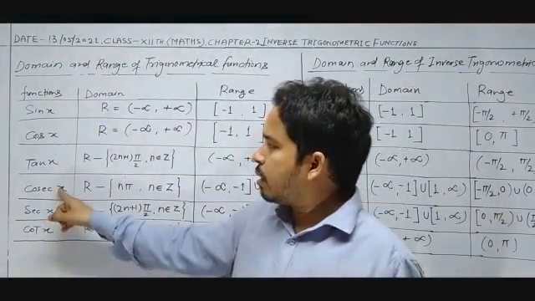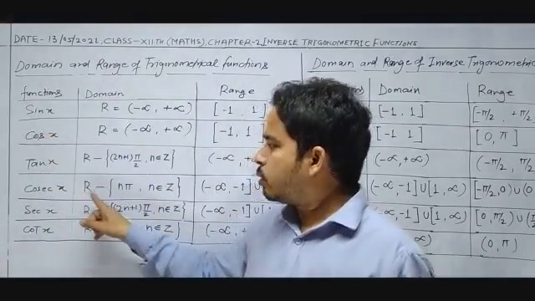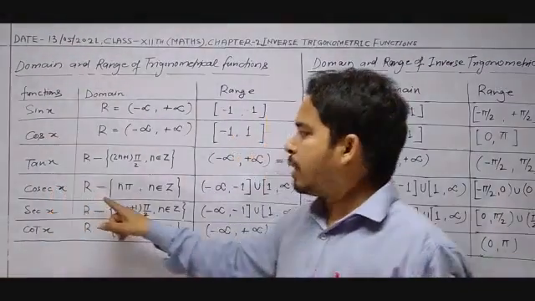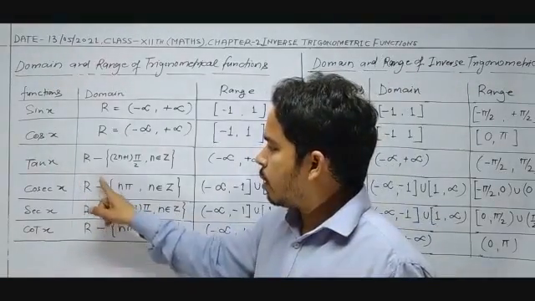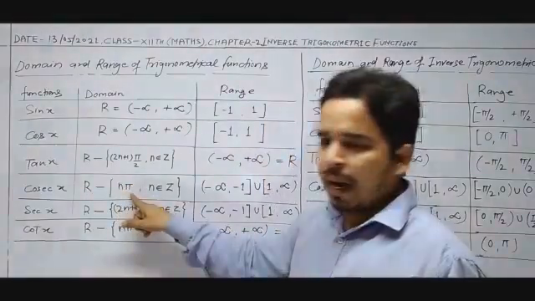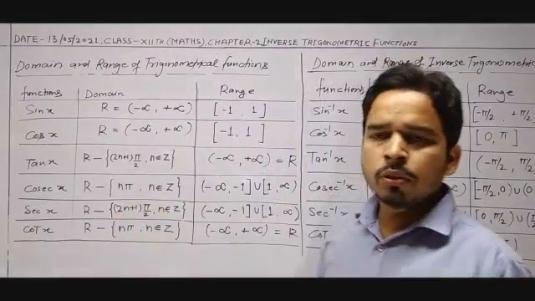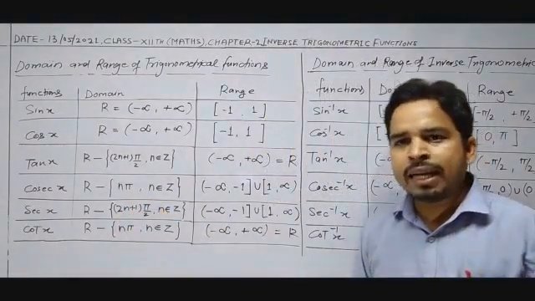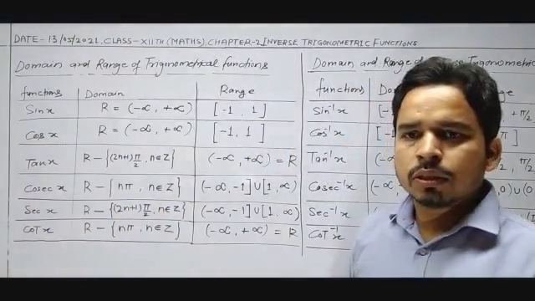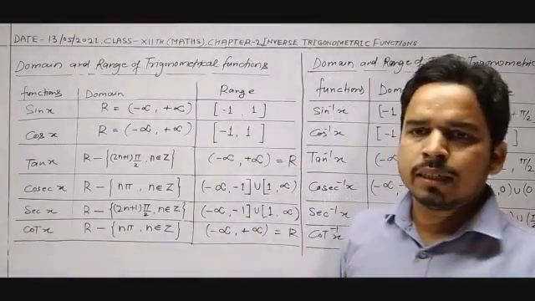Similarly, you know sine 0 value is 0. See, cosec is the inverse, or reciprocal, of sine. So what will be the domain of cosec x? See, all real numbers except n pi. N pi means multiples of pi, because you know sine pi value is 0, sine 0 value is 0, sine 2 pi is also 0, sine 3 pi is also 0.